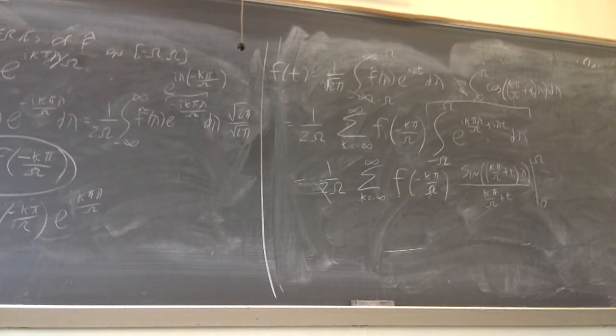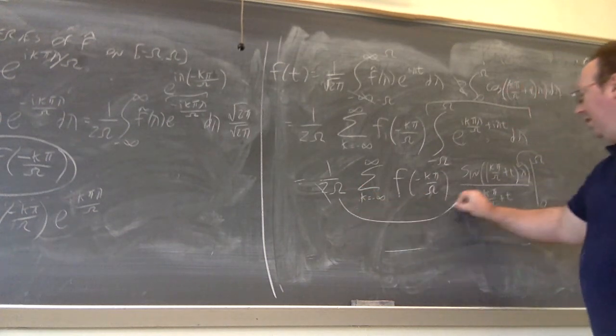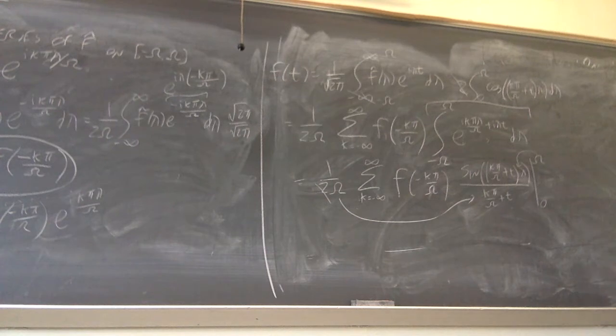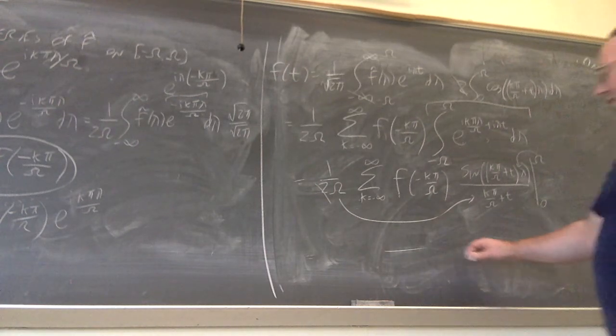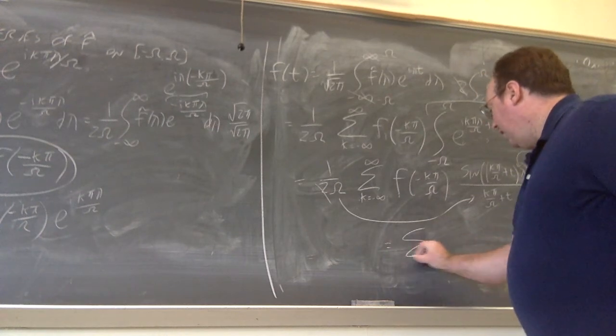When I plug in 0, of course, I'd get nothing. When I plug in omega for lambda, that will lead to some simplification. And I can take this omega and put it in here to cancel out the omega sitting in the denominator. So once I clean everything up, things get a little simpler.